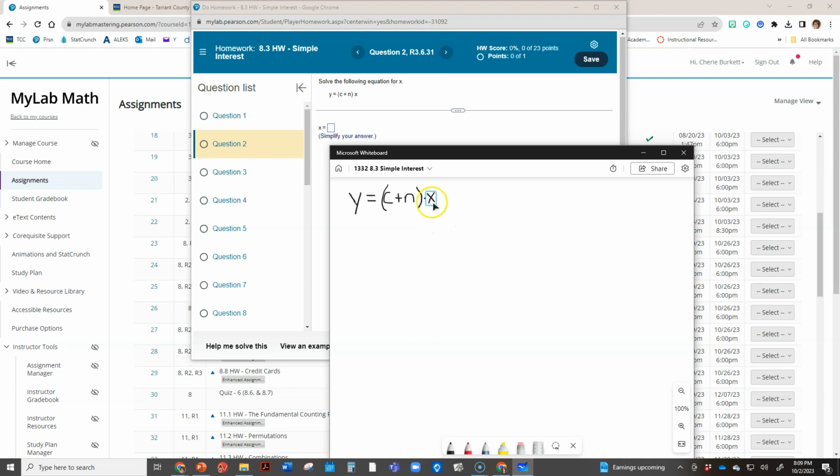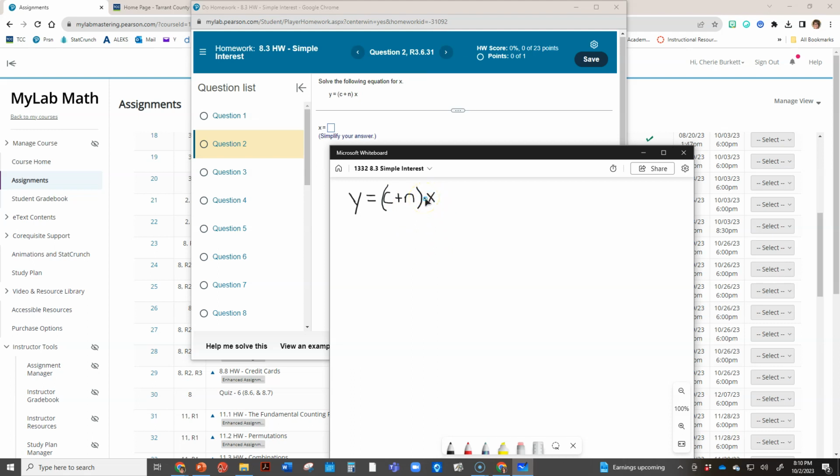So it does say x times the sum of this quantity, okay? So it's just x times some number. We won't know the value of that number until we know the values of c and n and we add them together. But it still says x times.